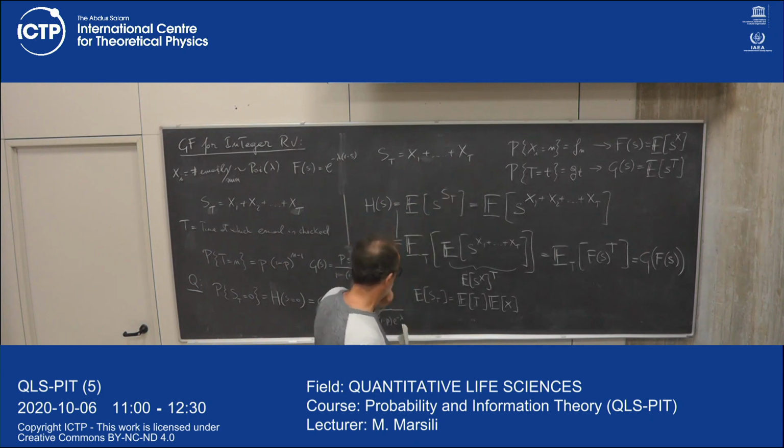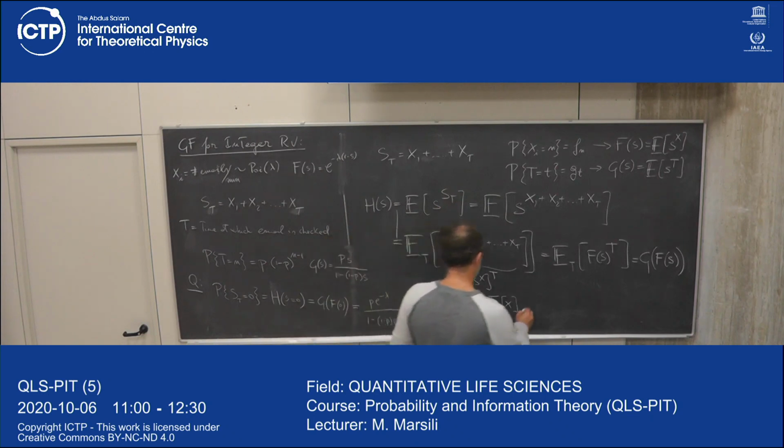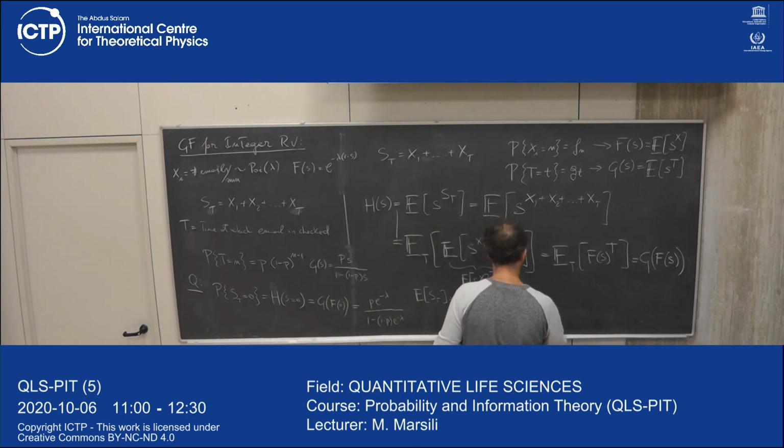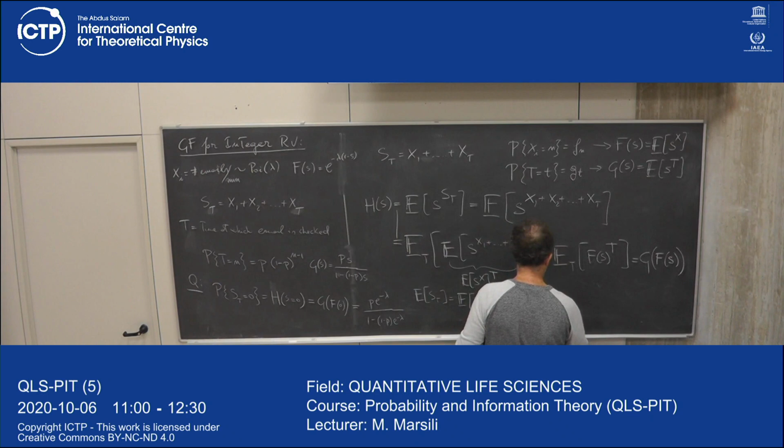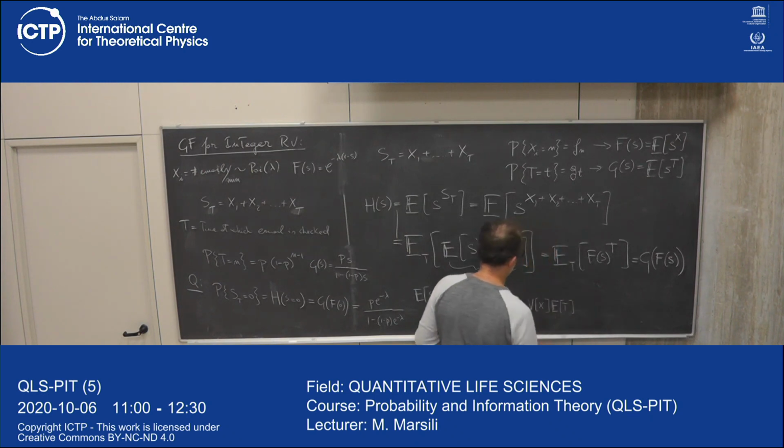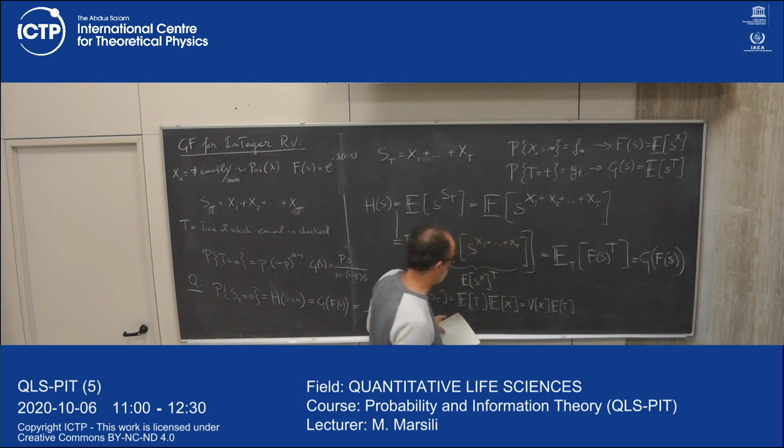And so I invite you to do this calculation. What you will get is a term proportional to the variance of x times the expected value of t, which is what you would get if t were not a random variable.